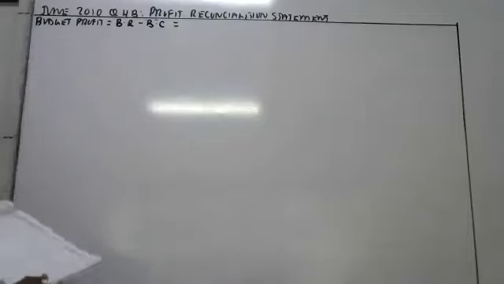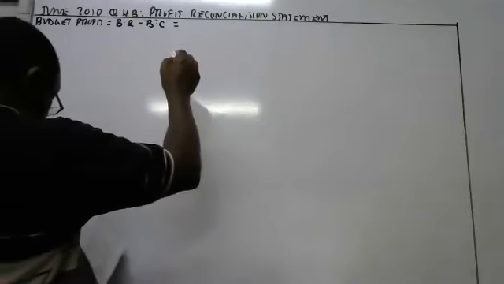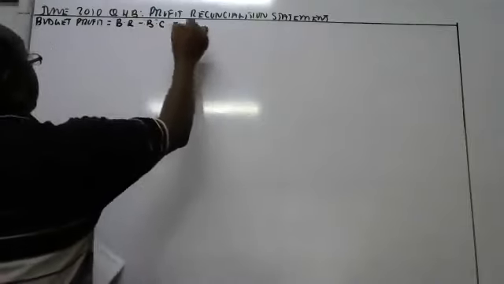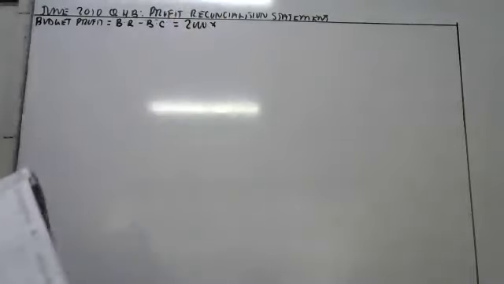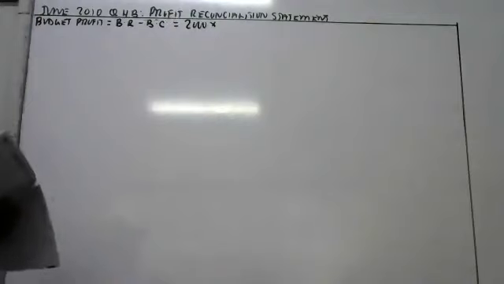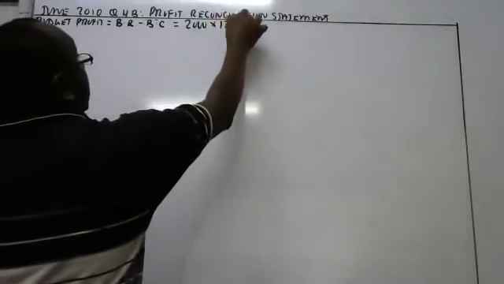So this one, the budget revenue is 2,000 multiplied by the units that were sold. Sales were 1,200.